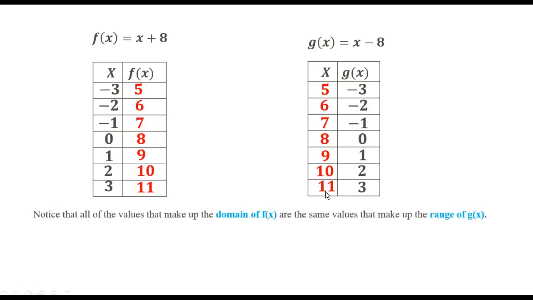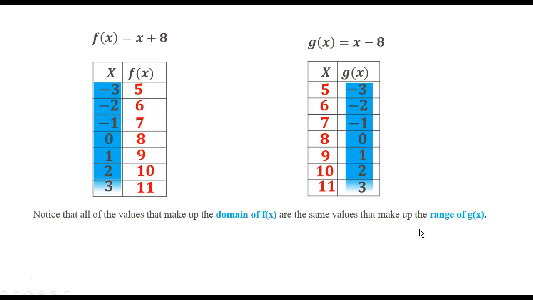Now, I want you to notice all of the values that make up the domain of the f of x function are the same values that make up the range of the g of x function. So your x's, keep in mind, those are your domain values, your input values. So the domain of f is the same as the range of g.